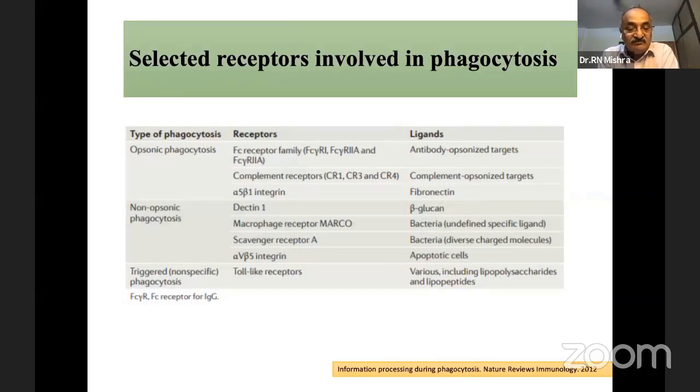They are dectin-1, macrophage receptor Marco, scavenger receptor A, and a toll-like receptor, which you may have heard before. And what are the ligands for this? The FC receptor is for antibody, and the complement receptor is for complement opsonizing target. And we have dectin for beta glucan, and macrophage receptor for bacteria with undefined specific ligands.